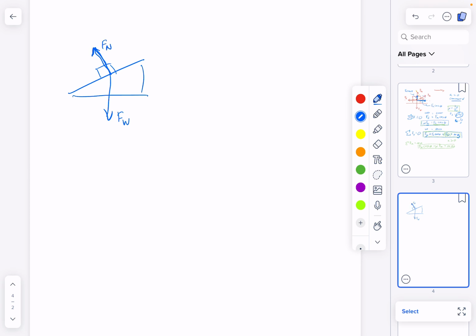It's perpendicular to the surface. And let's ask this question. If the object is sliding down the plane with a constant velocity, so we're going down the plane and my acceleration is equal to 0, which means constant velocity, what can we say about this?